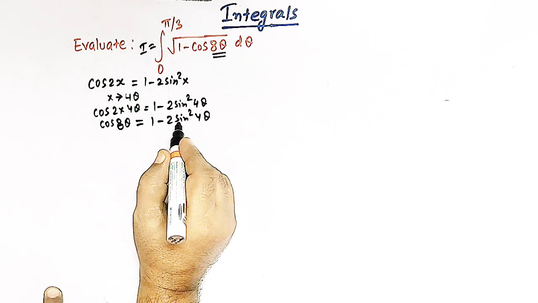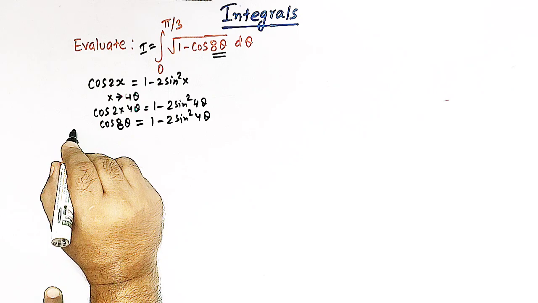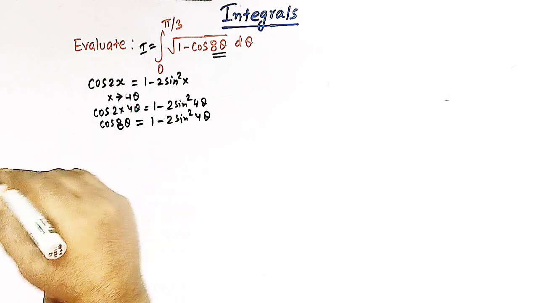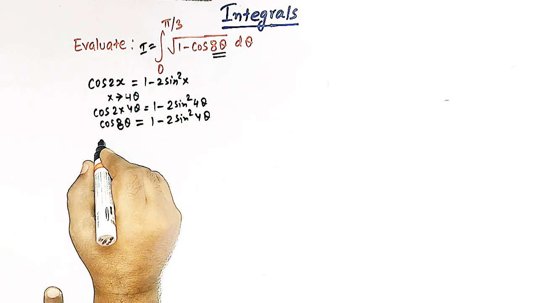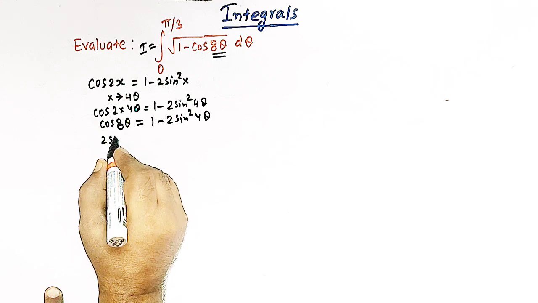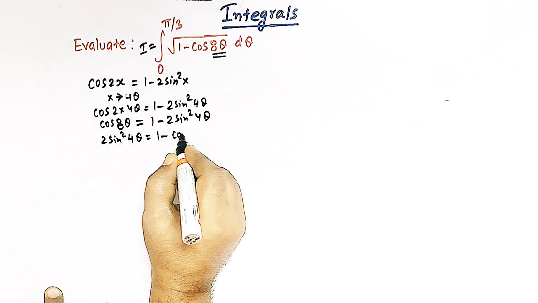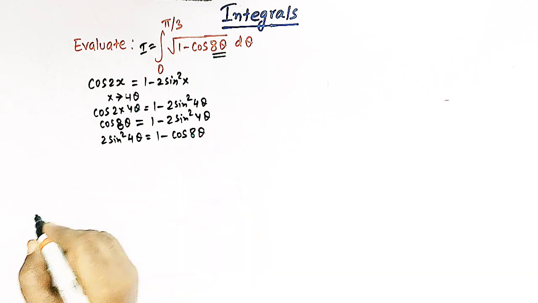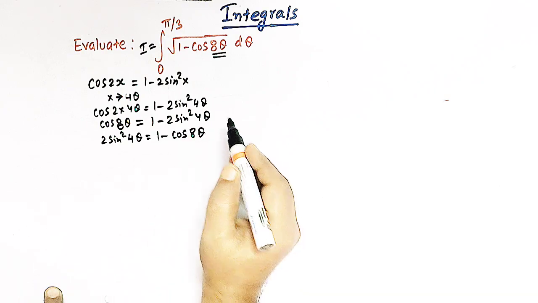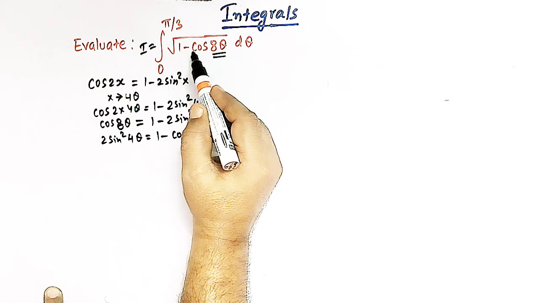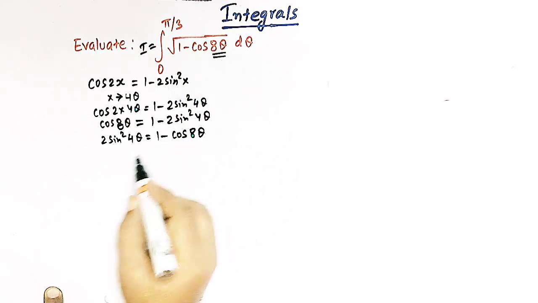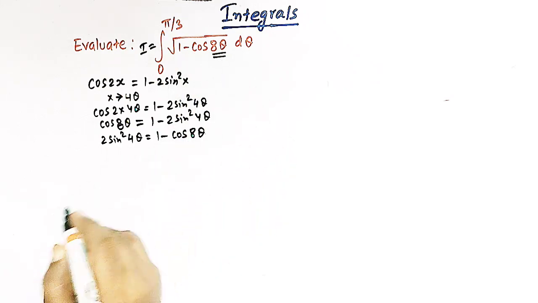Now taking this term to the left hand side and cosine 8 theta to the right hand side, we have 2 sine square 4 theta is equal to 1 minus cos 8 theta. So the first step is to replace 1 minus cos 8 theta by 2 sine square 4 theta.